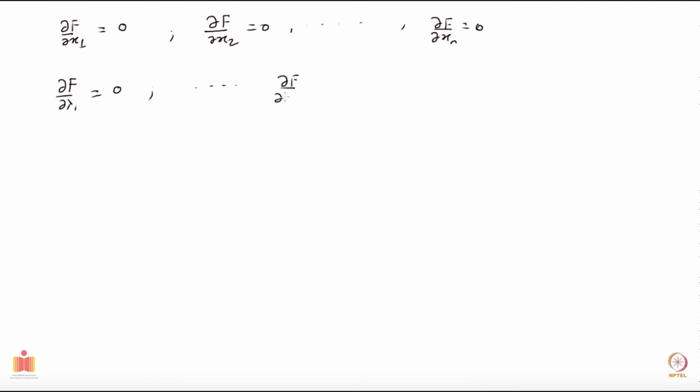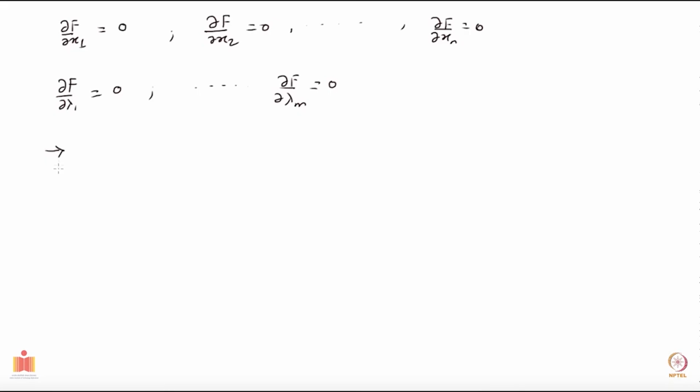Meaning, you have to calculate delta F over delta x1 and equate it to 0. Then delta F over delta x2, put it to 0. Delta F over delta xn, put it to 0. Calculate again delta F over delta lambda 1, put that equal to 0. Delta F over delta lambda m, and put that equal to 0.